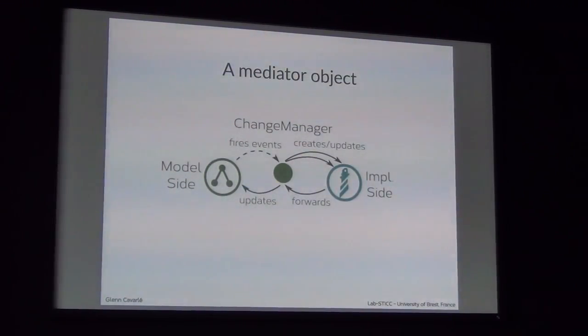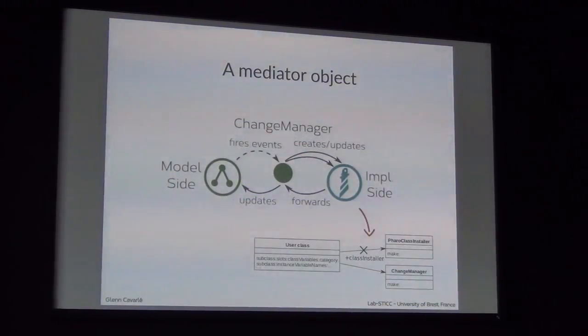If I start from the reverse engineering, in fact, we install the change manager for each generated class. We use the change manager for each generated class instead of the Pharo class installer. The change manager takes all the control of structural change on the generated class.